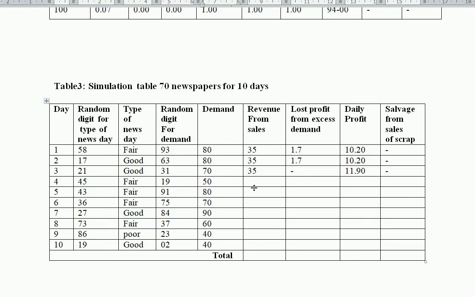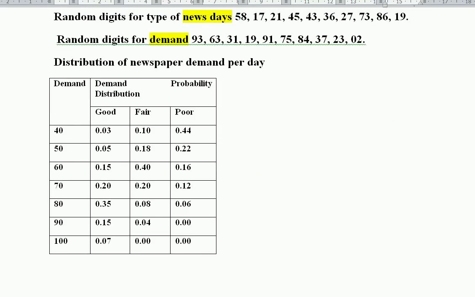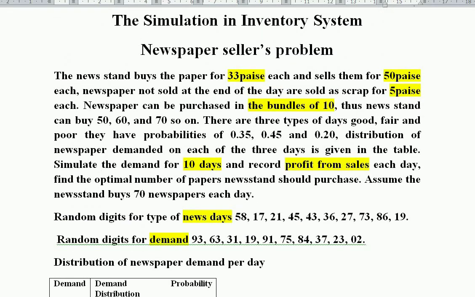The revenue from sales is 50 newspapers sold at 0.5, so that is 25 rupees. There is no excess demand here, because they purchased 70 newspapers and the demand is 50. There are 20 scrap papers, and they are going to sell those 20 scrap papers for 5 paisa each.